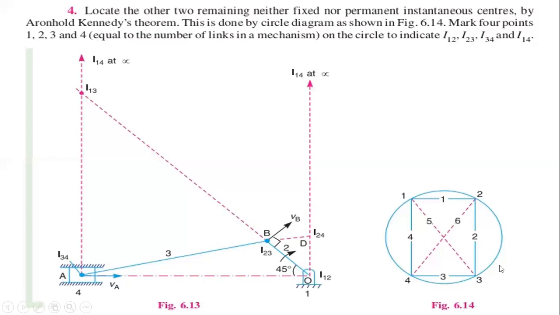Here we have got two diagonals. If you join the 1 3 line, we get two triangles, and if I join the 2 4 line, we get two other triangles. So from the triangles, we are going to draw this.